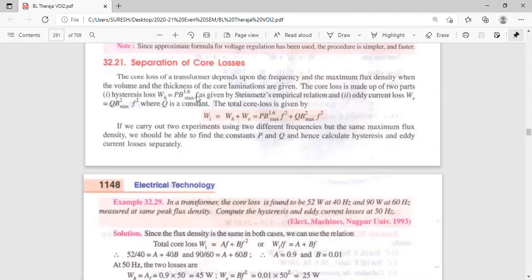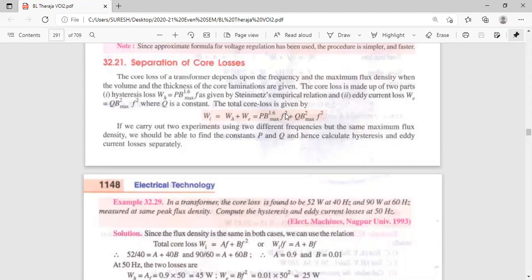Now the remaining are all constants: volume is constant, thickness is constant, eta is constant. Only frequency is the variable. So what they do is, Wi is the iron loss, Wi is equal to Wh plus We, that is A into F plus B into F square.